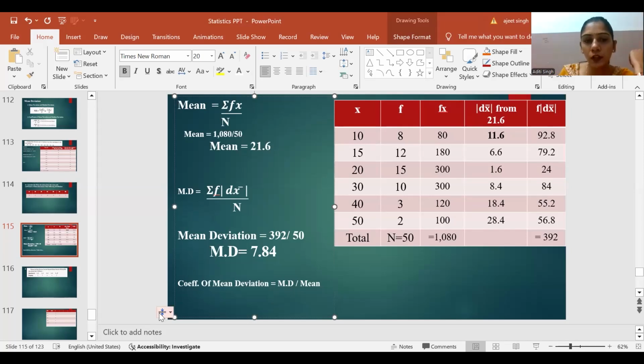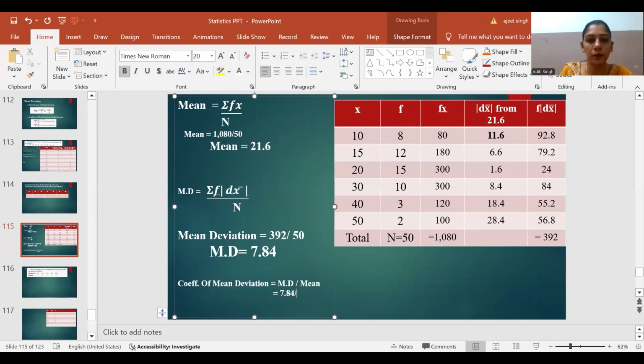So as the value of mean deviation is 7.84 and the value of mean is 21.6, we will put all these values in the formula so that we can get the value of coefficient of mean deviation.